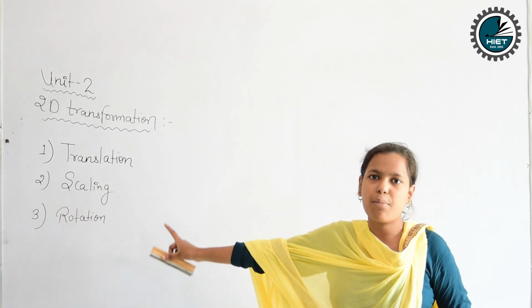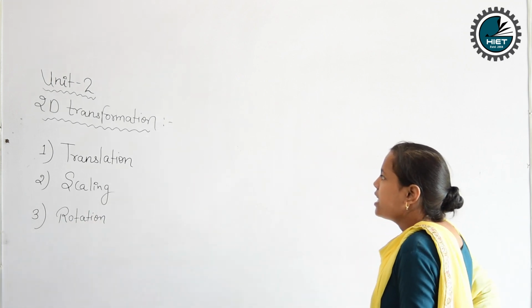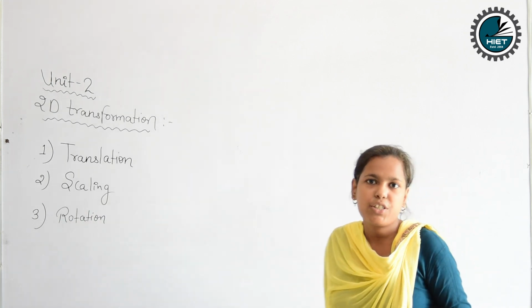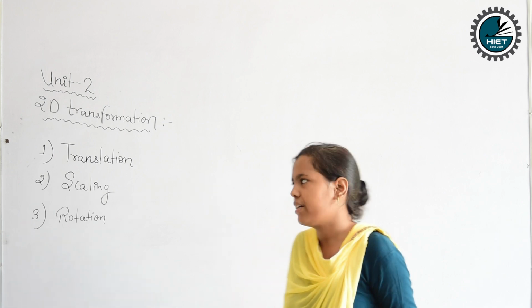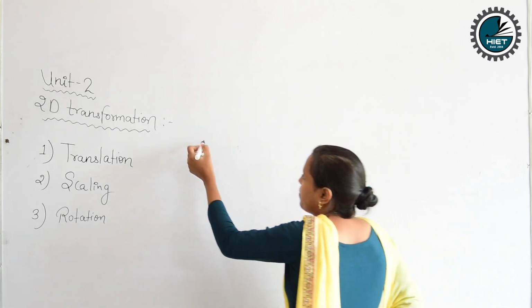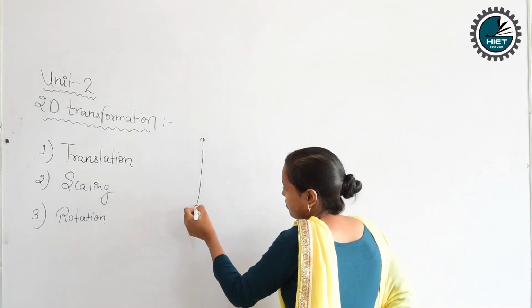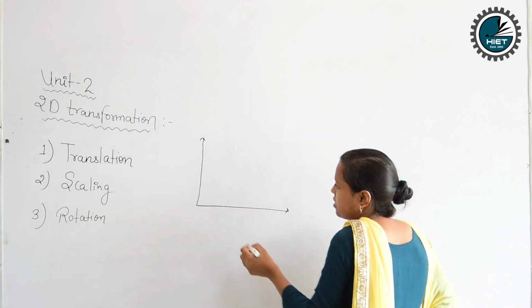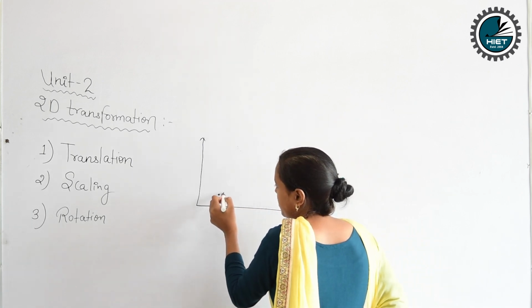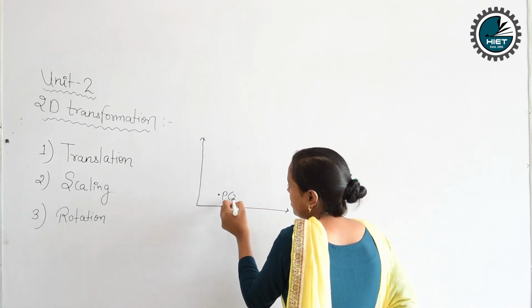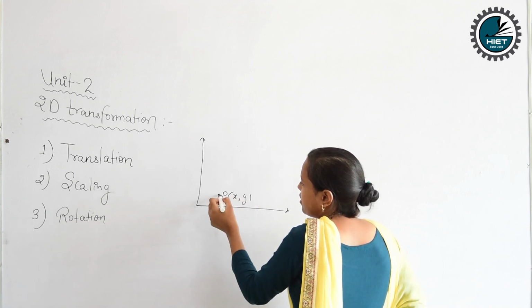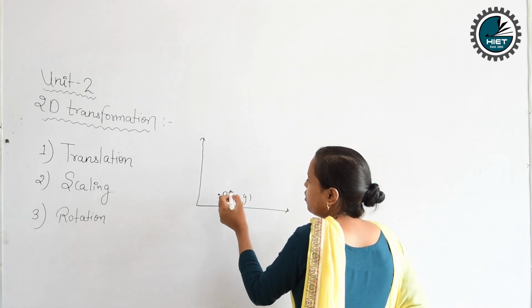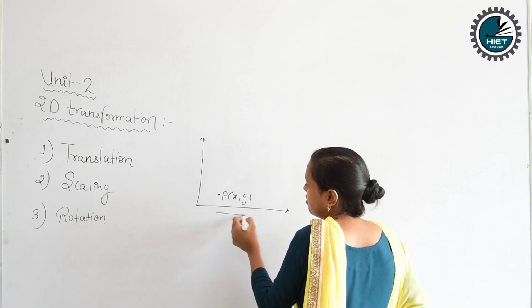When we are talking about translation, it is nothing but shifting the object along the x-axis and along the y-axis. Suppose this is the point P and the coordinate of point P is x comma y. We are shifting it along the x and y direction.